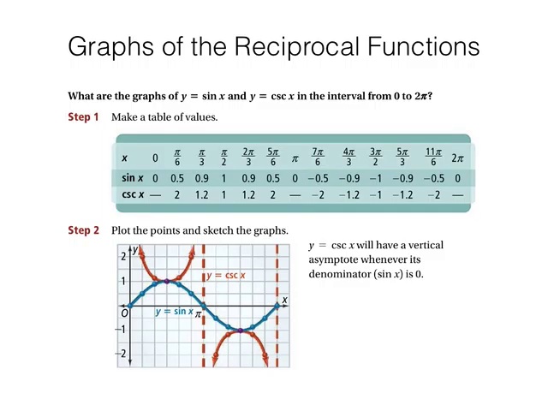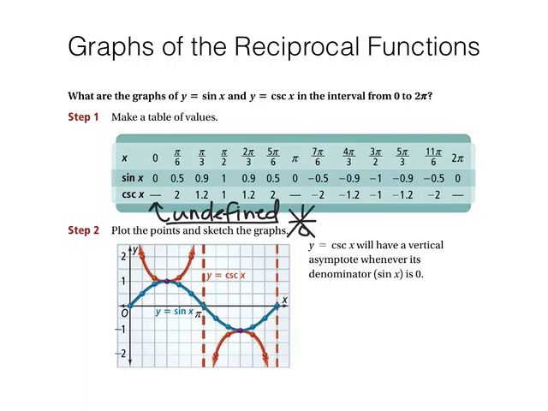Well, let's think about what we have. If the sine is 0, that means the cosecant is undefined. So the cosecant at 0 is undefined because you can't take a reciprocal of the number 0. You'd have 1 over 0, which we can't have. That's just undefined.